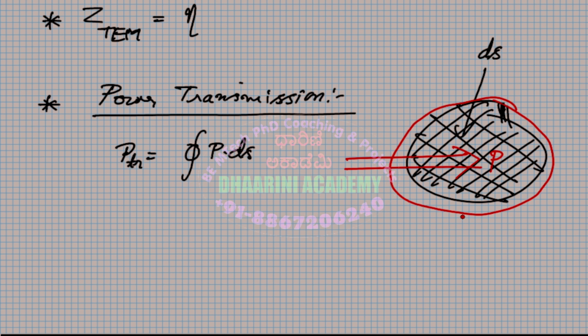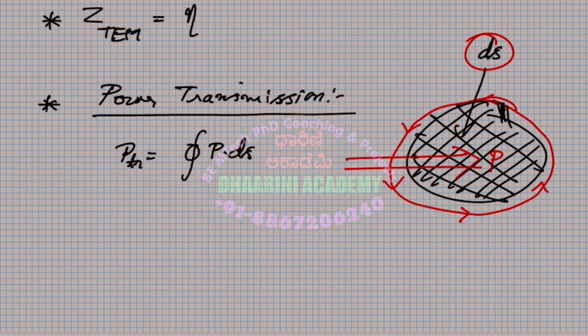In this closed integral of the surface area, you can calculate how much power is propagating by doing P dot ds. ds is the small surface area.